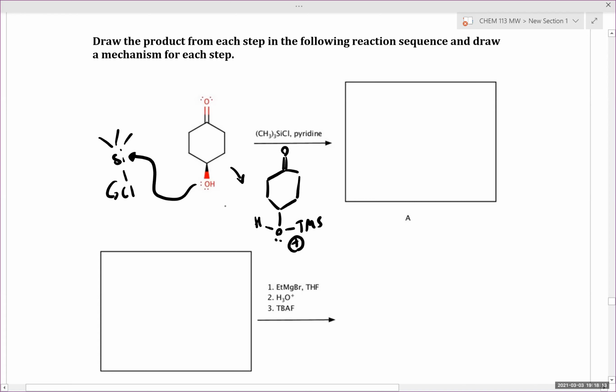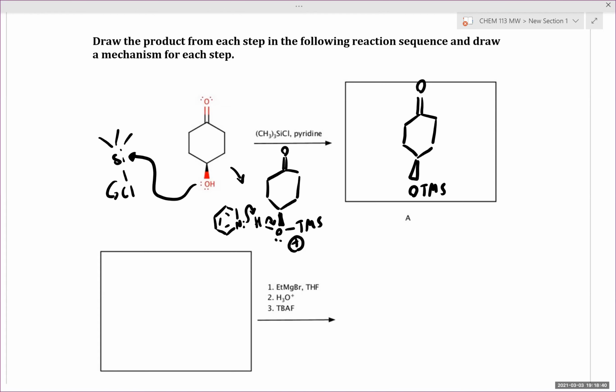And pyridine plays a really important role in this process in that it's serving as our weak base that will pull off the proton and give us our neutral product. Note, just like making a tosylate, protecting an alcohol as a silyl ether does not change that alcohol's stereochemistry.